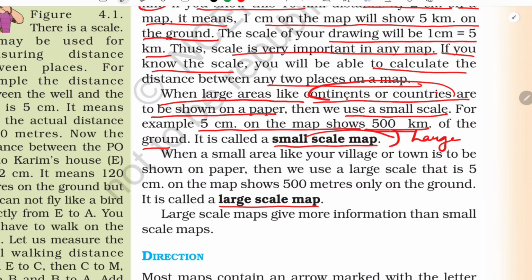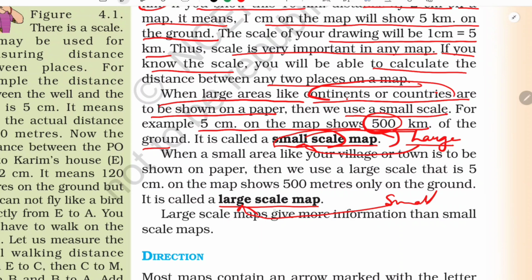So you are trying to show 500 kilometers of a part in 5 centimeters. Such a map is called a small scale map. When you are giving information about a large place, you will be using small scale. And when you are giving information about a small place, you will be using large scale. In that way, it will be easier for you to understand.